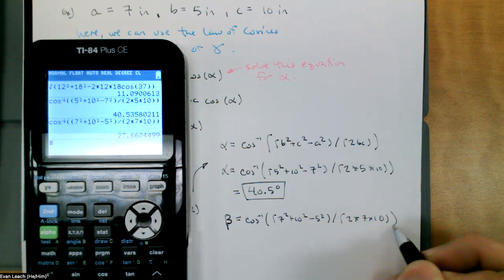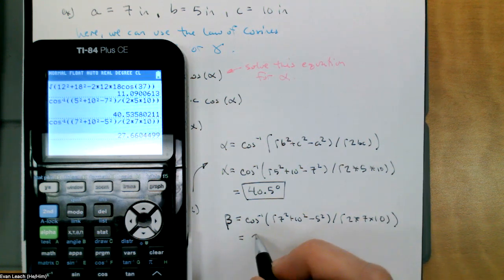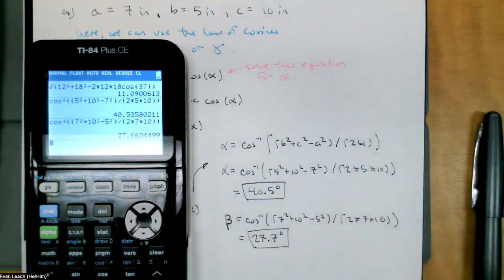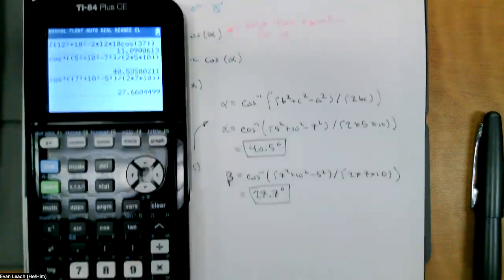Close the denominator, close the cosine inverse. So if we remember the structure of using the law of cosines to find an angle or a side, then it goes much quicker. If I swap the 5 and the 10, that will give us gamma.